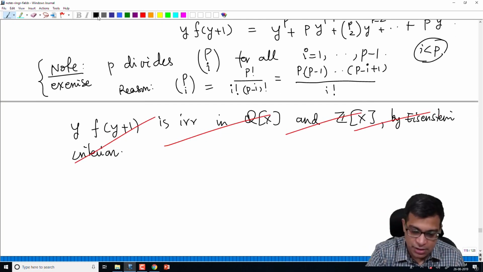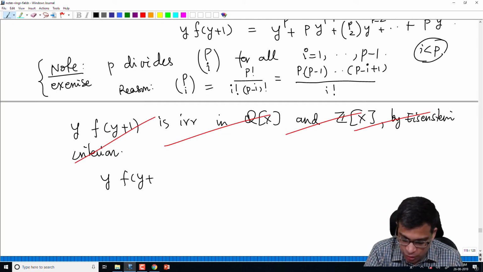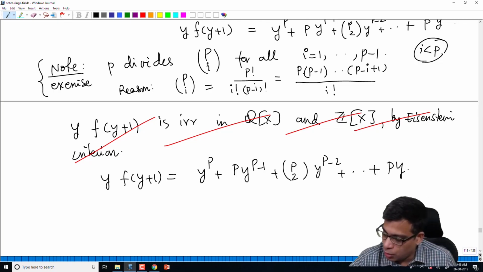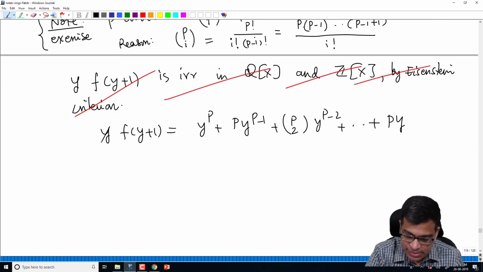So what we have is y times f(y+1) is equal to y^p plus p y^(p-1), p choose 2 y^(p-2) plus ... plus p y. Now I divide by y on both sides, so I cancel y.